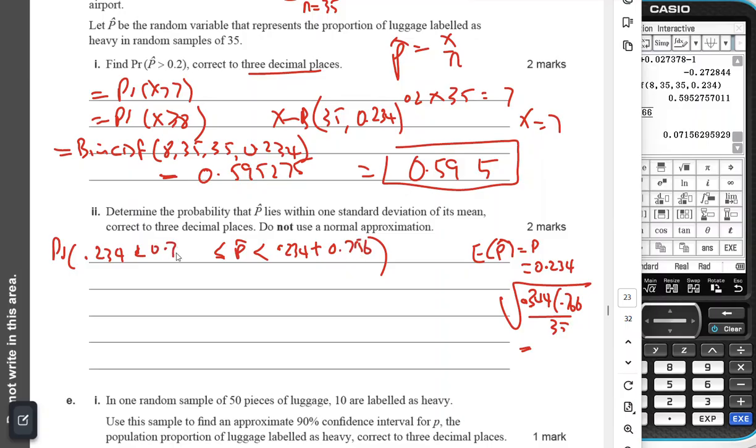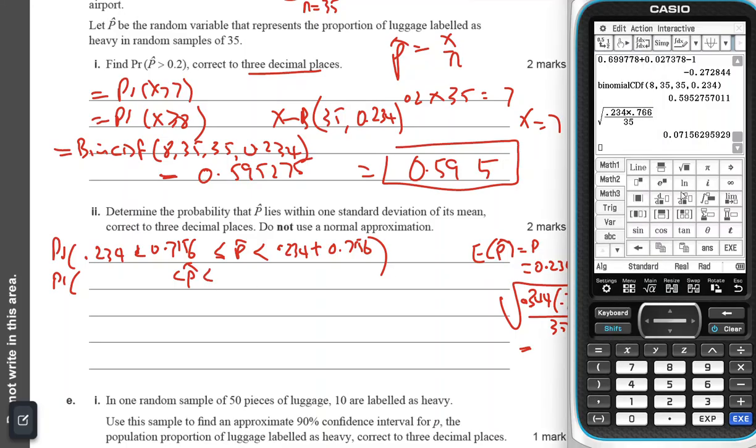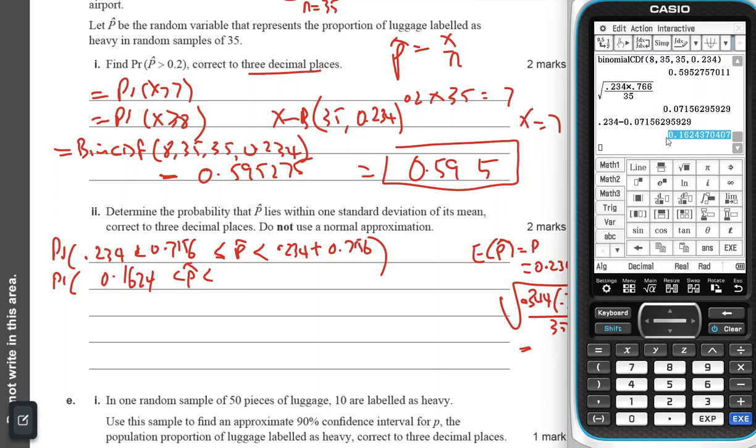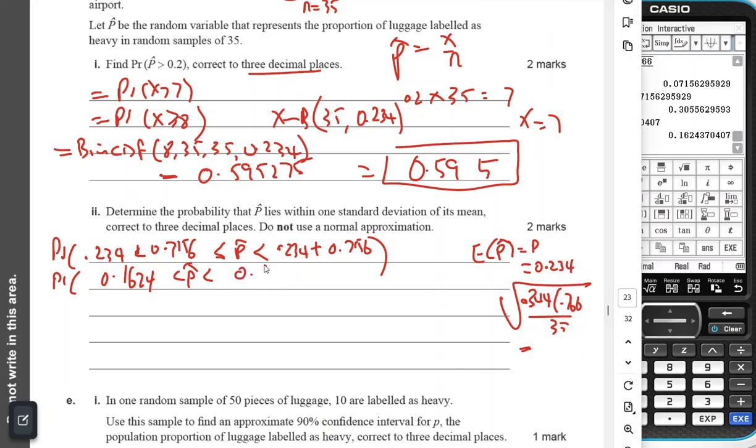0.7156, which is a probability that P hat goes from 0.234 minus that value, 0.1624, or plus that value, 0.30556, which is a probability that X goes from.